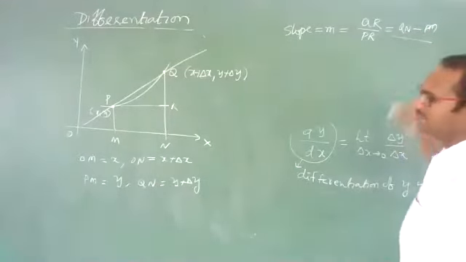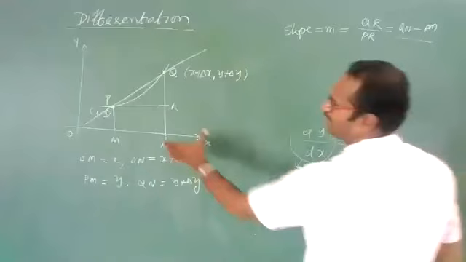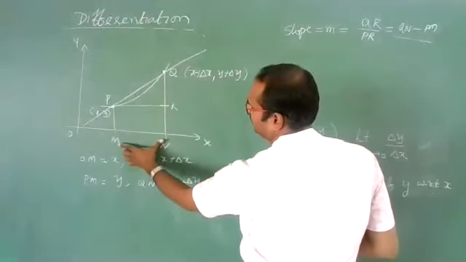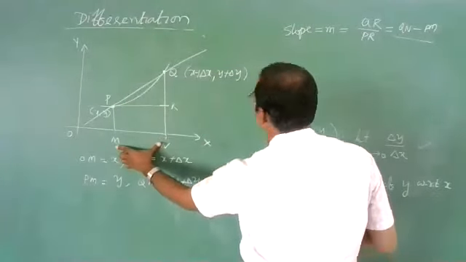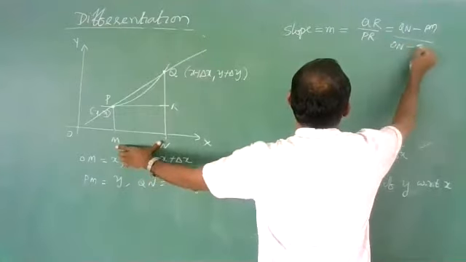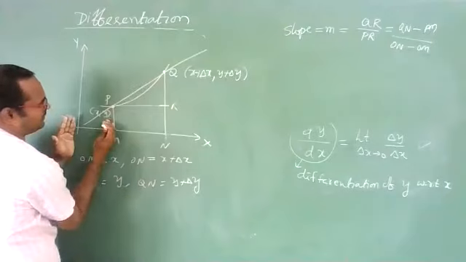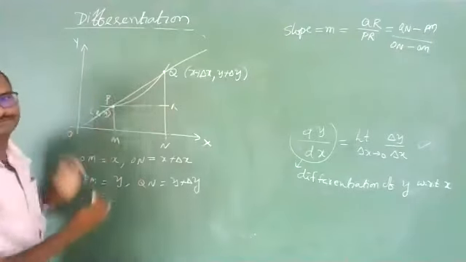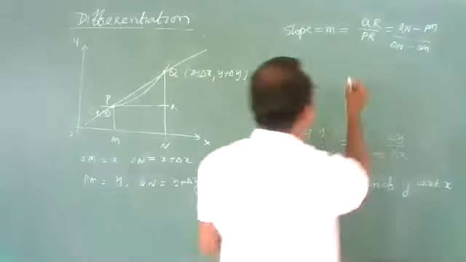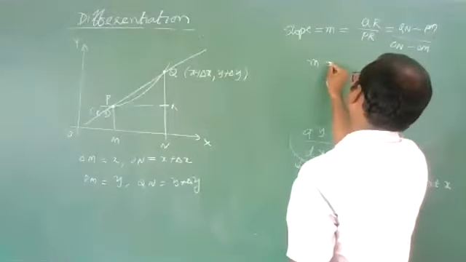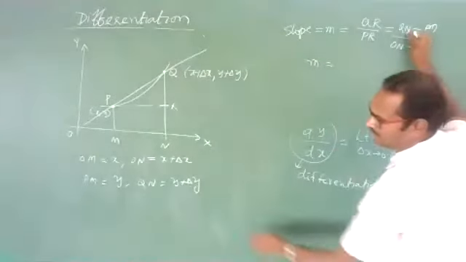Divided by PR. This PR is nothing but MN. So this MN we can write as ON minus OM. If you subtract this from the total, you will get this. Slope can be written as QN, what is QN?